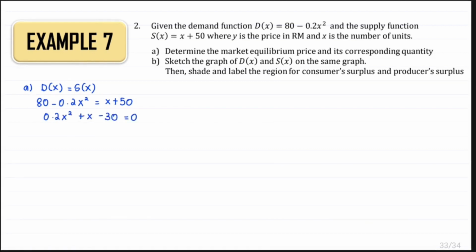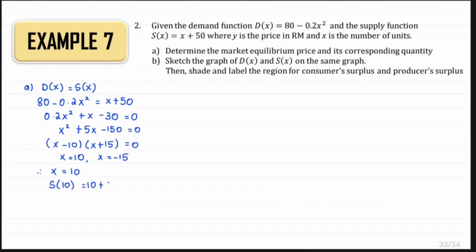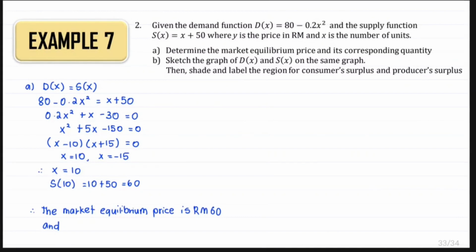Then we simplify first. We factorize, then we get x minus 10 and x plus 15. Since x is the quantity, x equals 10 only. To find y, we substitute x equals 10 into Sx. So S10 equals 10 plus 50, then we get 60. We conclude the market equilibrium price is RM60 and market equilibrium quantity is 10 units.